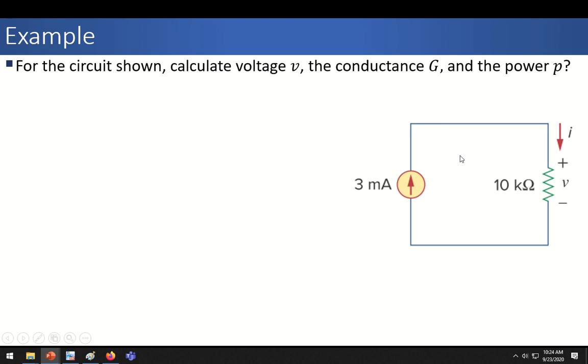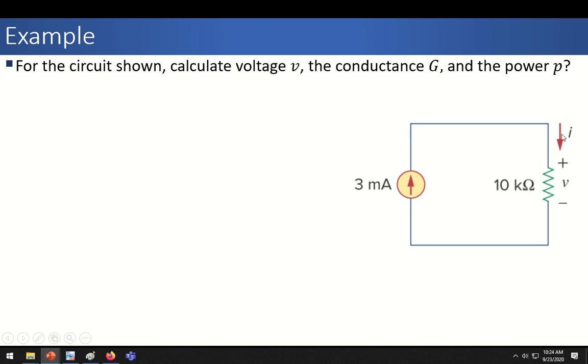For evaluation of voltage we can use Ohm's law, and you can see that the current in this resistance will be the same as the source current, that is 3 milliampere. So in this case I will be equal to 3 milliampere. Why is I equal to 3 milliampere? Because starting from this point, if you trace the circuit, there is no other way for the current.